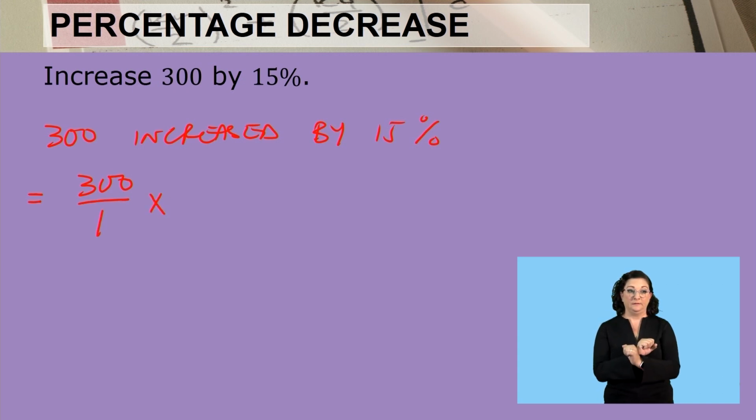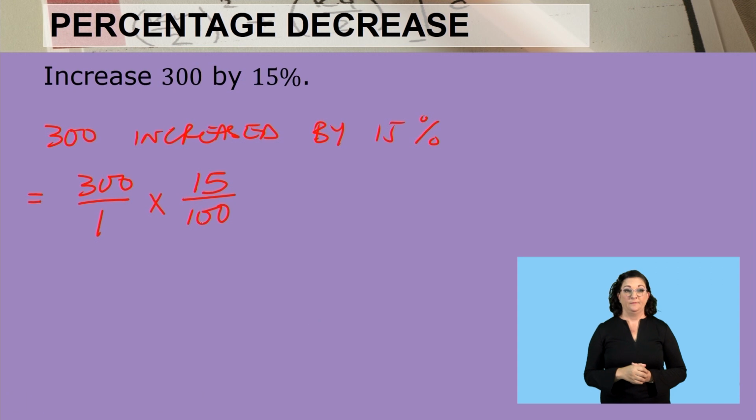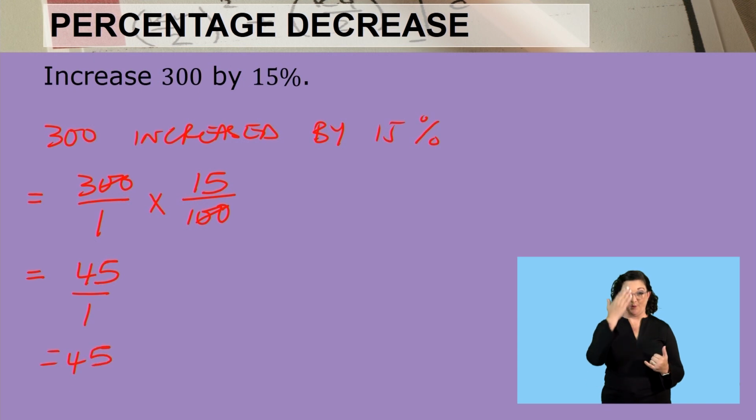We're only finding 15% of 300 by 15 out of 100. And quickly we can do this. Remove the zeros there. And 3 times 15 will give us 45. 1 times 1 will give us a 1, which is still 45. And this is 15% of 300.